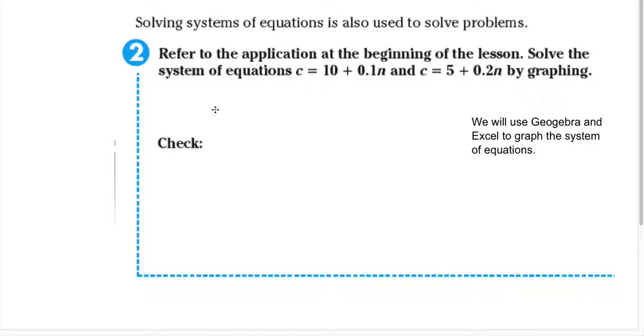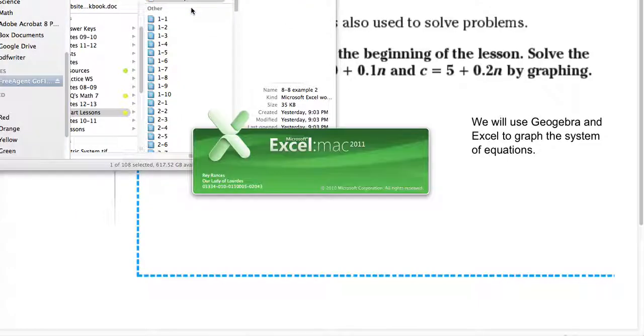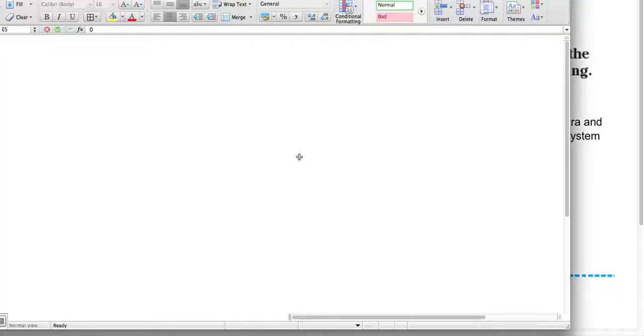First things first, let's use our ordered pairs right here, and let me open up that Excel page. I think it's up here. I'm mistaken. Yes, it is. Here it is.